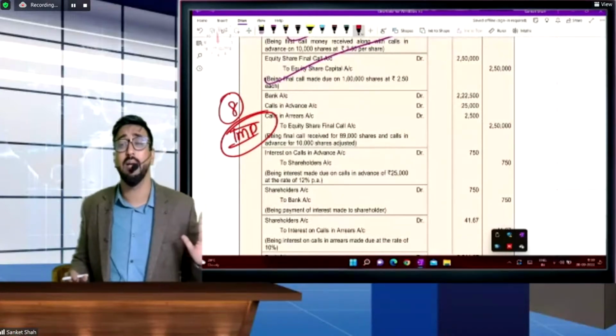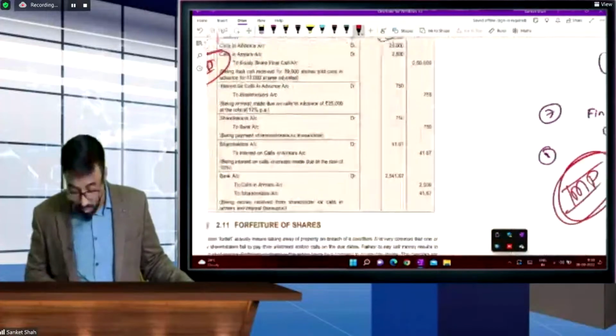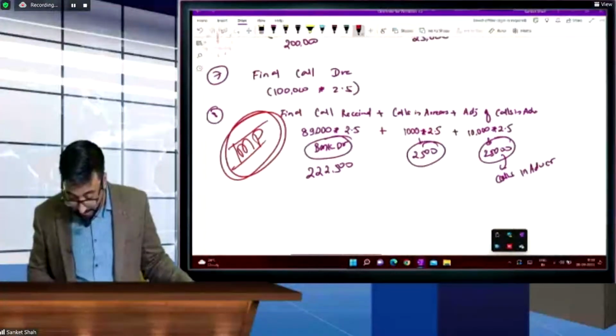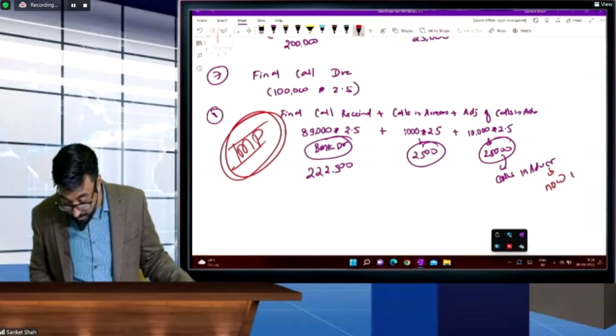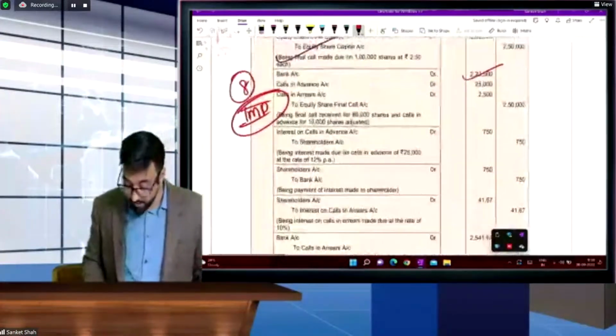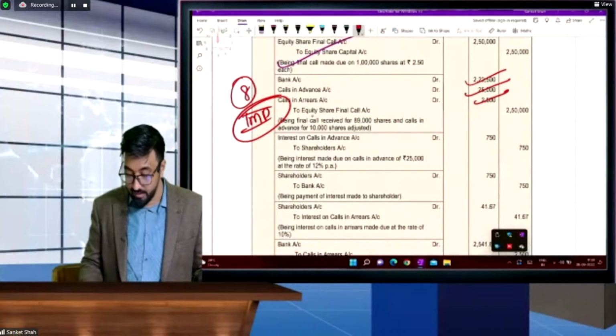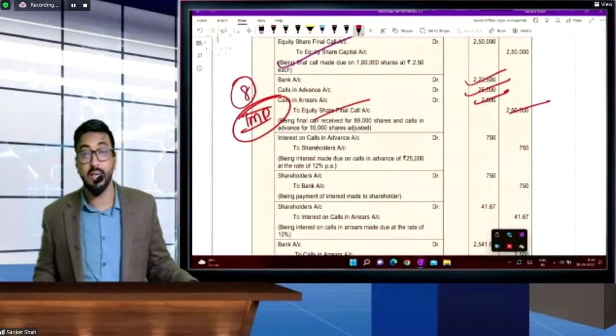Bank account debit 2,22,500. Calls in advance, we are going to cancel. Normally credit balance, now debit. Calls in arrears 2,500, and equity share final call is getting cancelled.